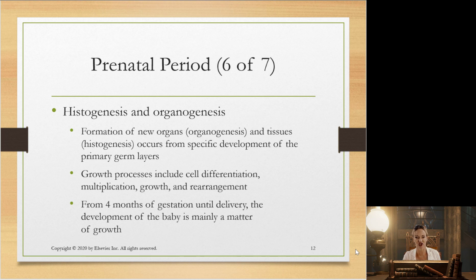From 4 months of gestation until delivery, the development of the baby is mainly a matter of growth. Human development begins when two sex cells unite to form a single-celled zygote. And the development of structure and function go hand in hand in this process.